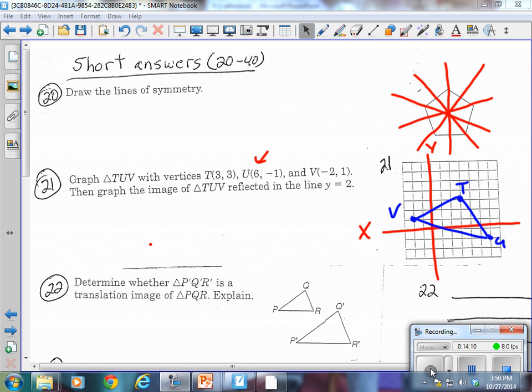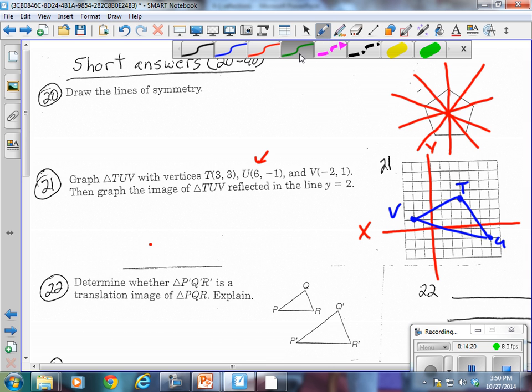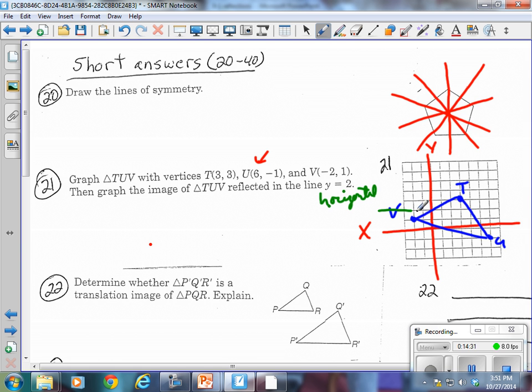That's our pre-image. We want the image of TUV reflected over the line y equals 2. Change my color here again. The line y equals 2, remember, anytime you have y equals 2, you go to where y is 2, and it's a horizontal line. So we go up to where y is 2, and we're actually going to reflect it. I could draw it straight across that line. Now the easiest way to do it is just to count.